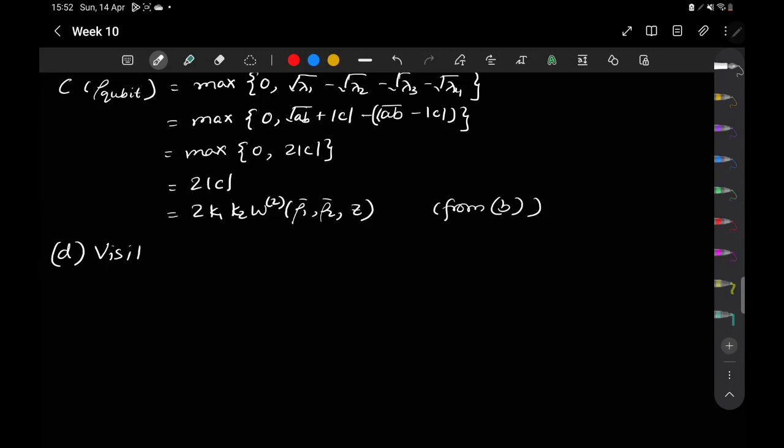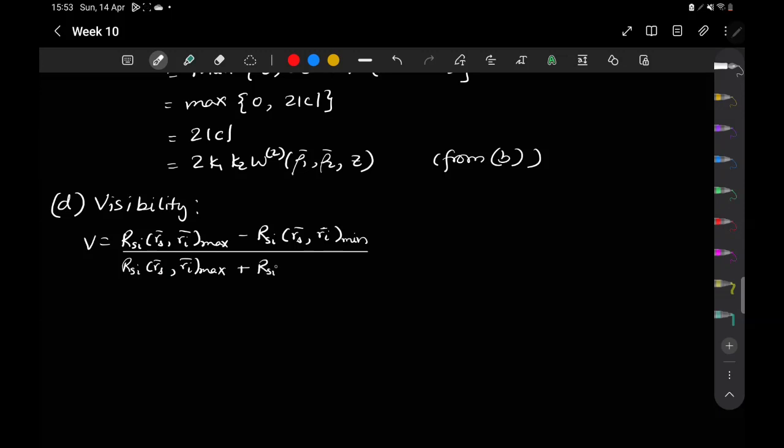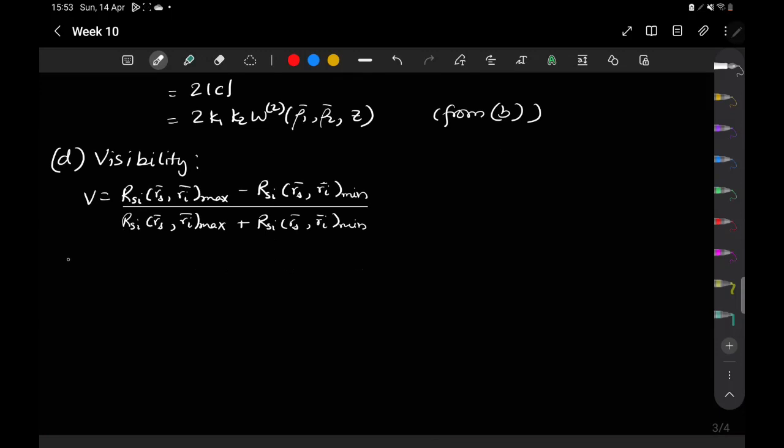So visibility, the definition is given as follows: max minus min of the coincidence count probability over max plus min. And for RSI, we are already given the expression.